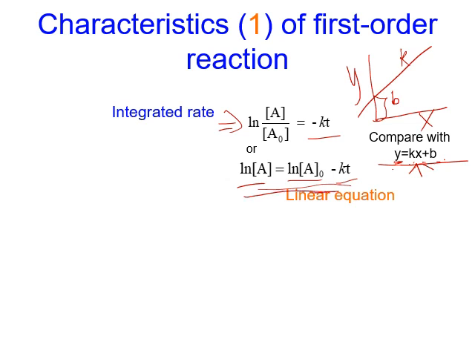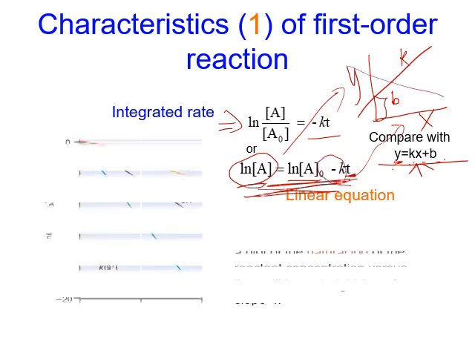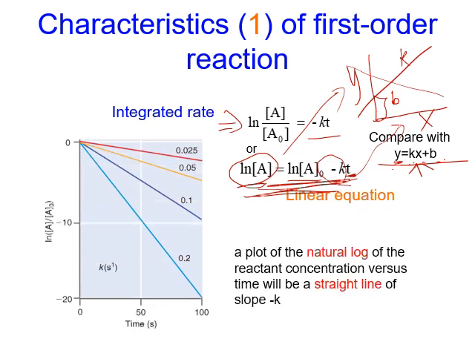So for the first order reaction, we can use ln A as y and t as x, but the slope is negative k. A negative k means it decreases with time. So we have these linear equations for the integral rate law when k changes.